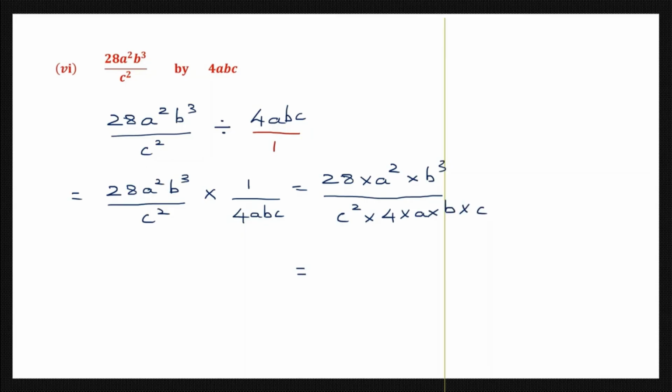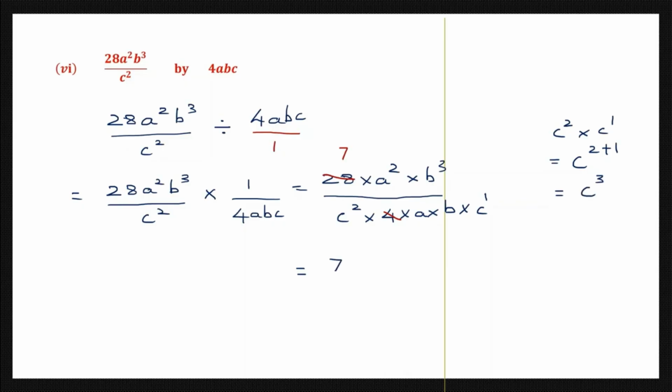We can cancel 4 and 28. 4 7s are 28, and we can also add c square into c to the power of 1. Remember we did the product law in multiplication. So c to the power of 2 into c to the power of 1. Because it is multiplication, we add the powers. In division, we subtract the powers. In multiplication, we add. So this becomes c to the power of 3.